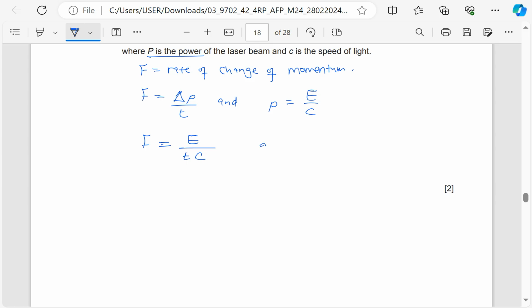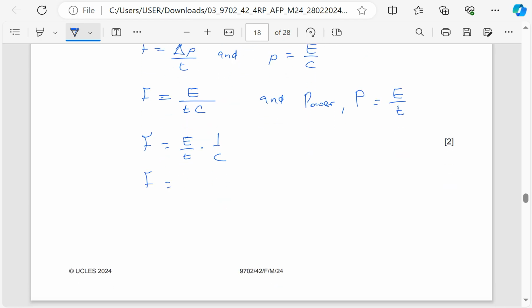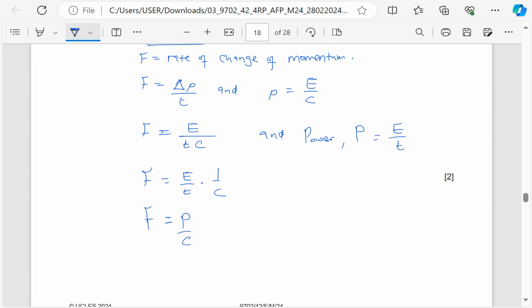And of course, we know that power, capital P, is equal to energy over t. So the force is E over t times 1 over c, which means force is equal to power over c, as required. Okay.